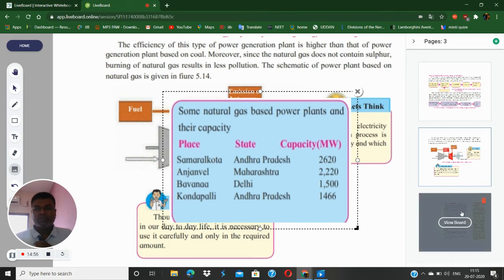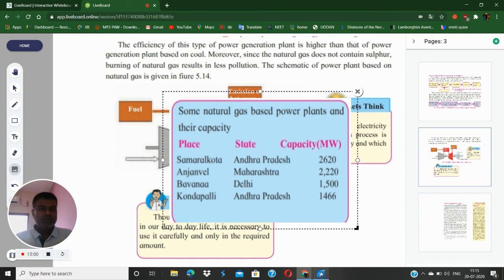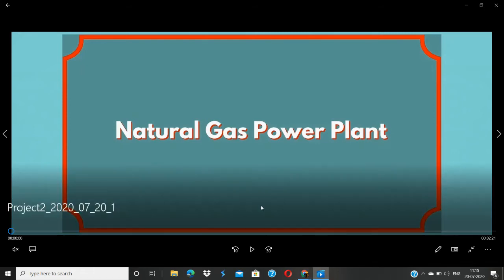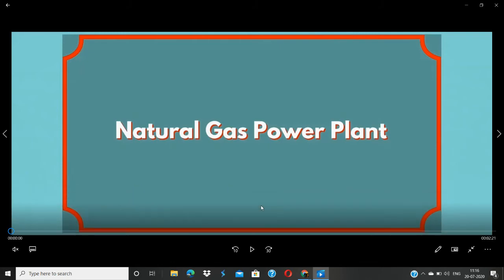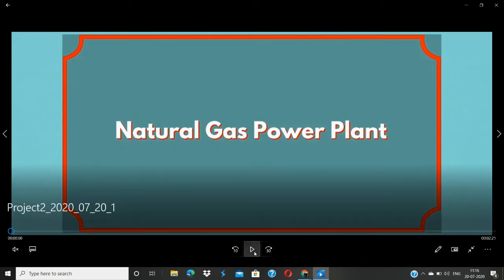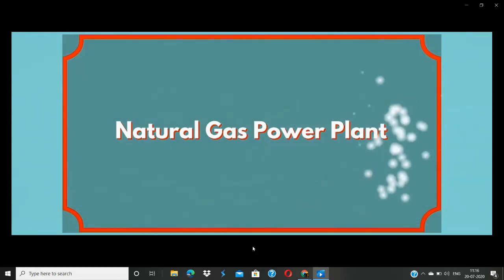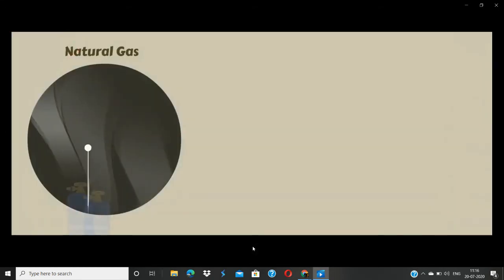Again we go to our next slide, where we show one animation effect. In that animation effect, we learn about the natural gas power plant. In a natural gas power plant, which kind of natural gas is used?